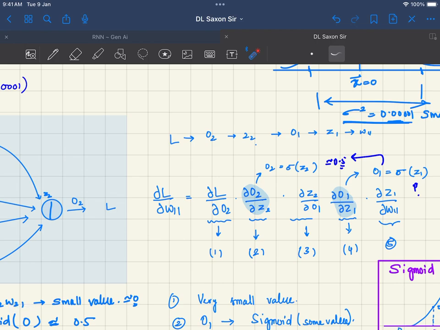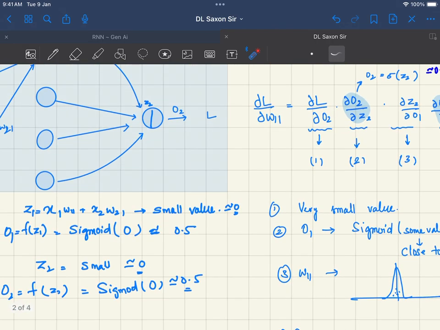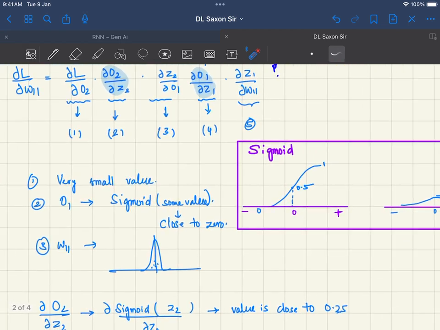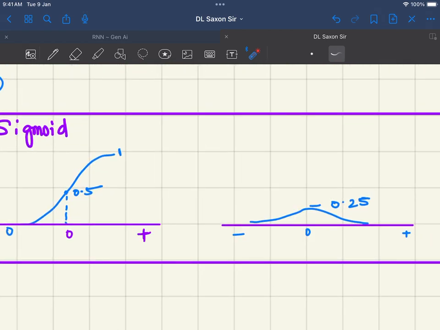Now, if you look into this equation, dou O2 by dou Z2, we can write O2 as sigmoid of Z2, and also O1 as sigmoid of Z1. So basically we want the derivative of sigmoid, and we know that the derivative of sigmoid at x equal to 0 is 0.25.